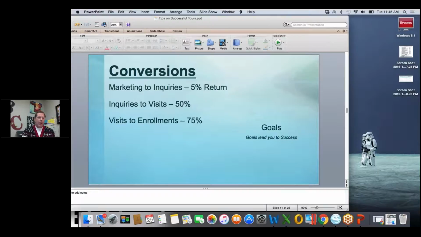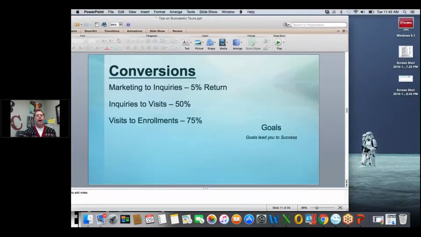Now, when someone picks up the phone and calls you, the goal that I have for my managers is they must convert at least 50% of those phone calls into a visit. Anytime that phone rings, I expect half of those people to make it in the door.